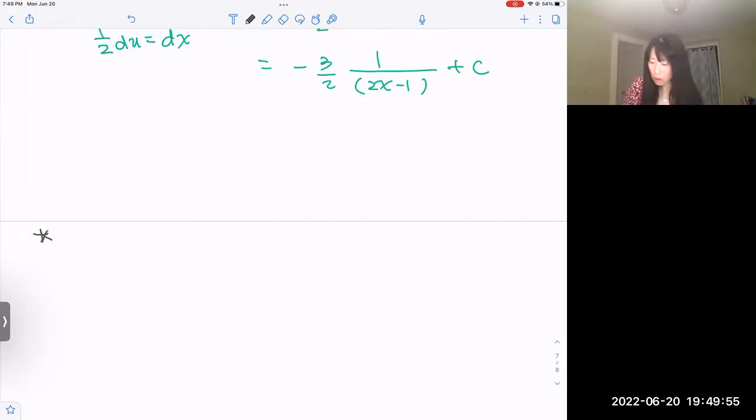So in the quadratic factors, we have irreducible.